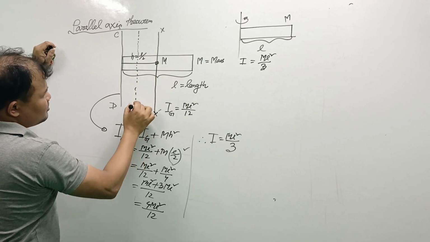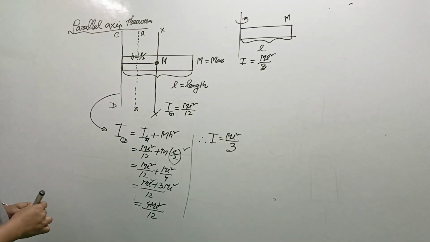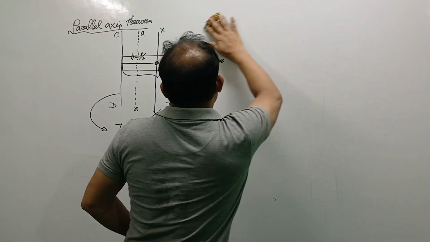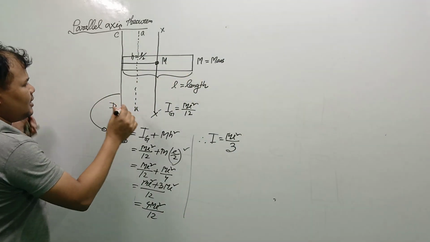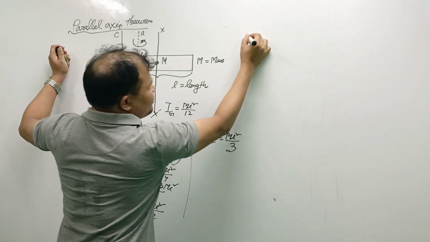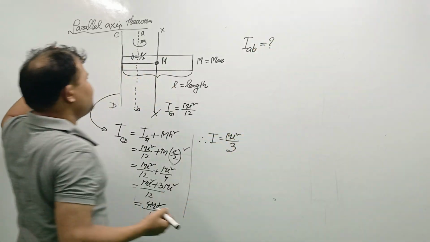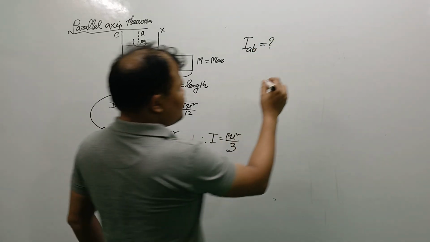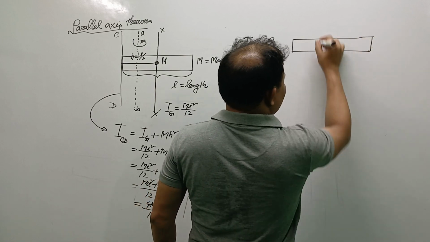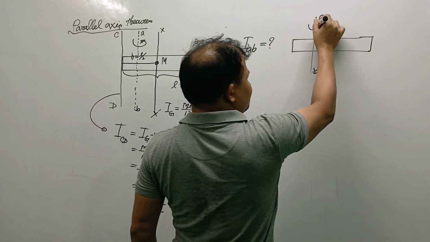Now if the rotational axis is this one, this is rotational axis AB. Now our duty is to find the moment of inertia for the AB axis. Our question is, what will be the moment of inertia in the case of the AB axis? Suppose this is the diagram and AB is the rotational axis.